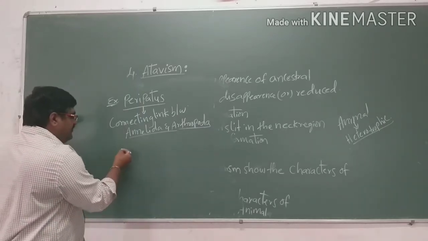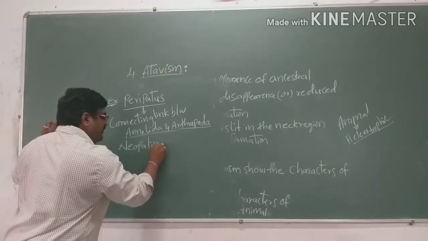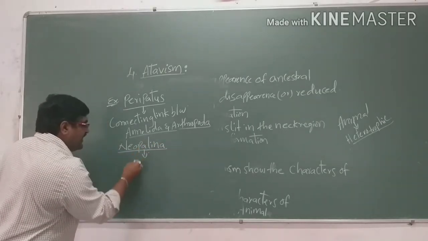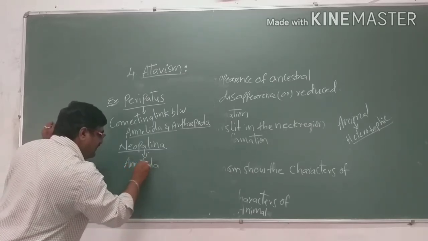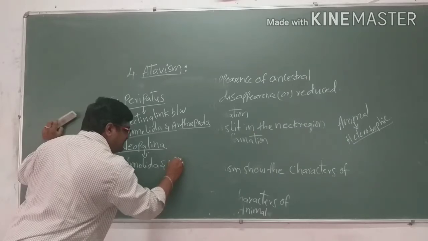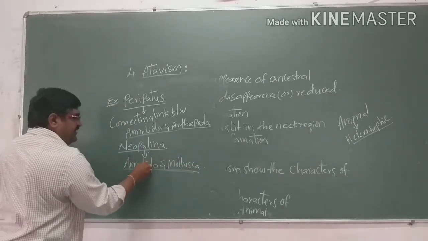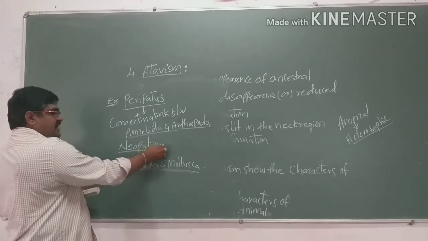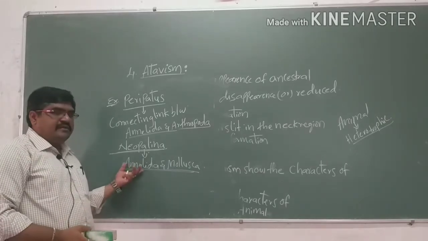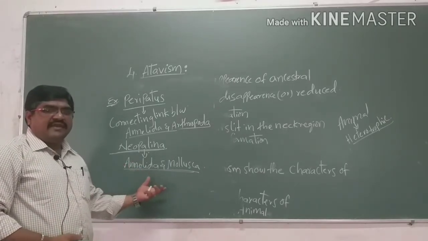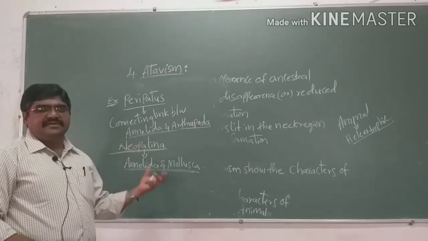Likewise, another one is Neopilina. Neopilina has the characters of Annelida and also Mollusca. It has a segmented body, and the body is soft, meaning it has a mantle and a soft body.